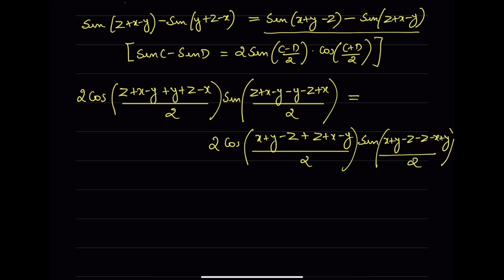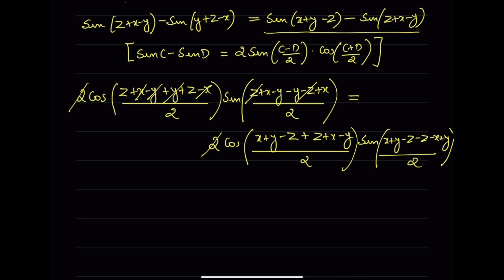Now let's see what can be cancelled out here. We can cancel 2, then in the first part we can cancel x and minus x, and y and minus y. Now in the second part we can cancel only z. Okay.